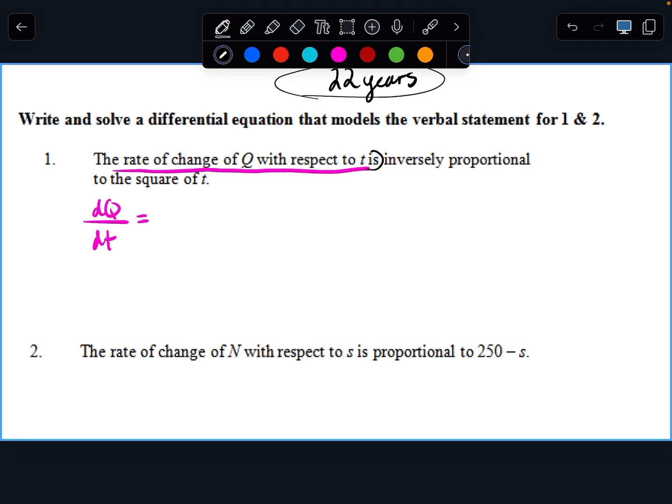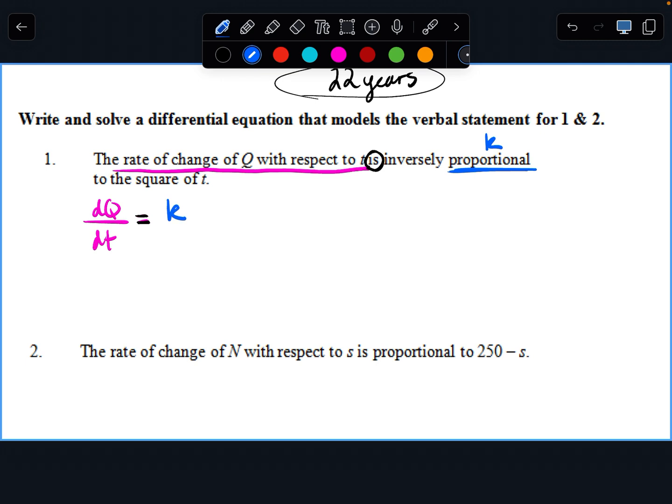Actually I can even do it further. Is equals, in math lingo, inversely proportional. Okay, so this is where things get weird. Here's the deal. This proportional is code word for K. K is always on the numerator.